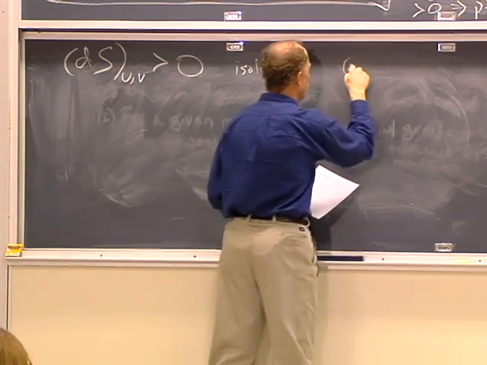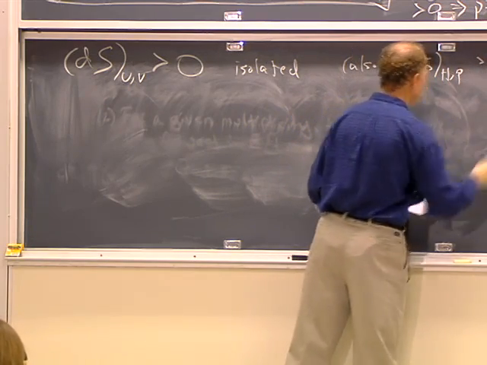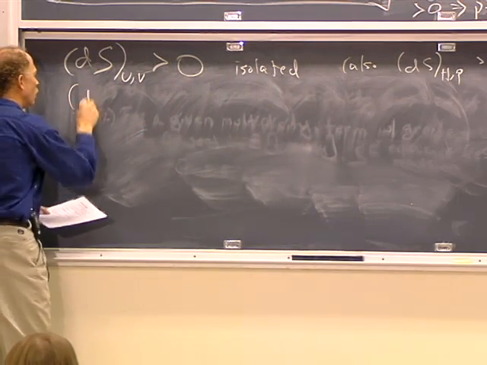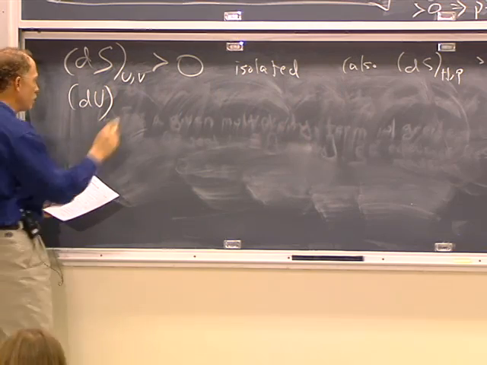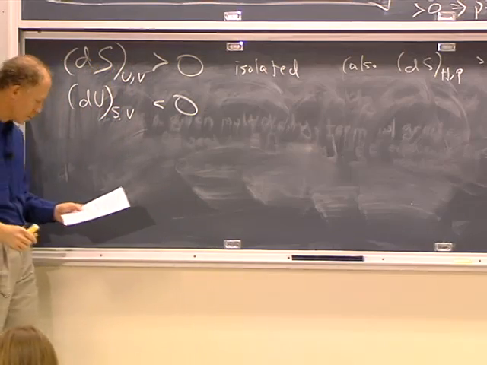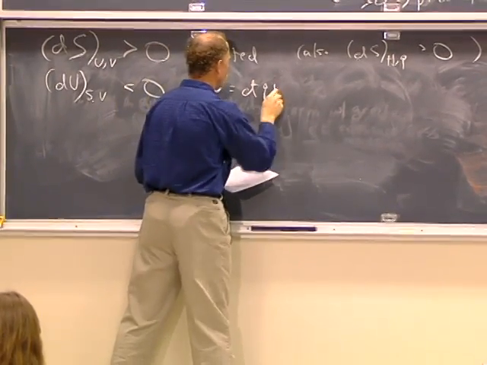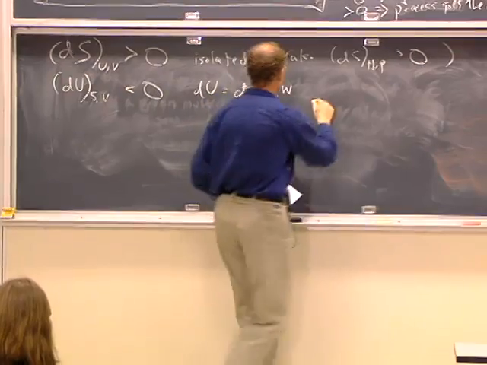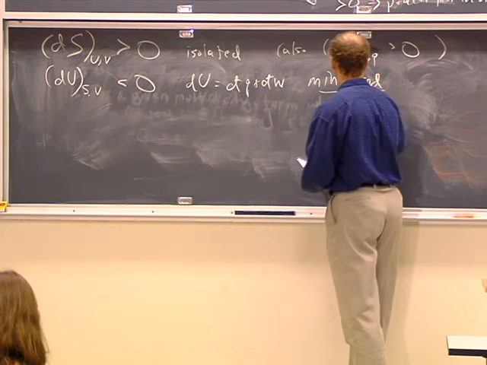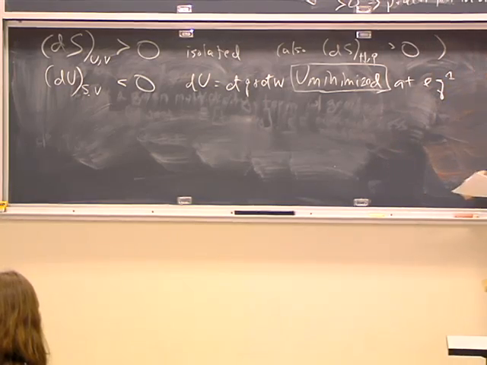We also saw that dS for constant H and P was greater than 0. dU, regular energy at constant entropy and volume, is less than 0, and U is minimized at equilibrium.